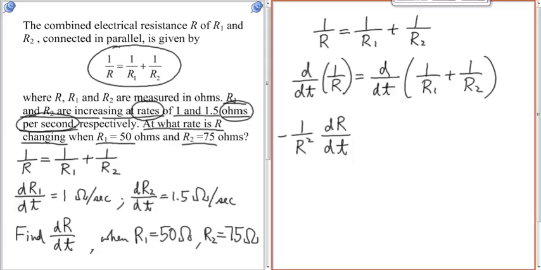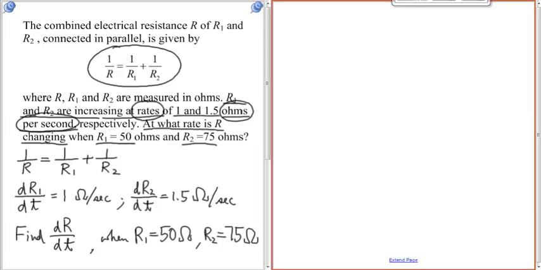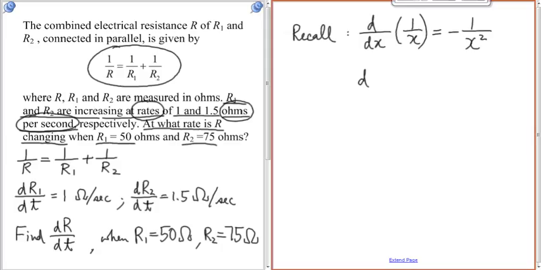Now, at this point, it's probably better that we refresh our memory. How do we take the derivative of 1 over x with respect to x? That will give us negative 1 over x squared. If you remember this, that would be great. How do we get that?